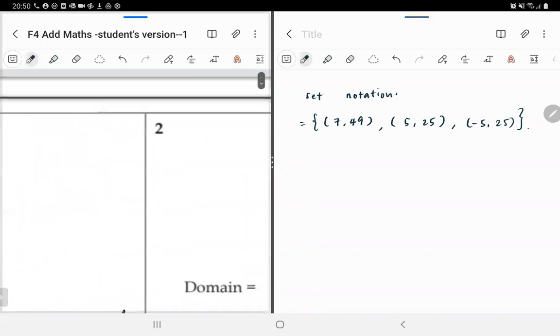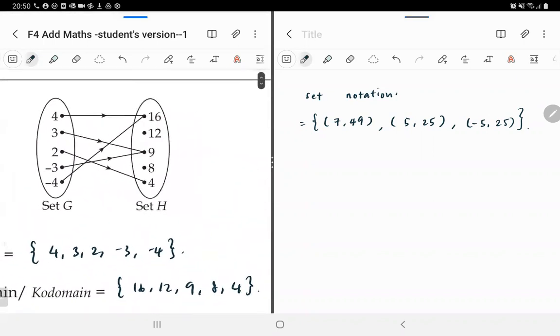Okay, try again. If we have something like this one, our set notation will be, why do I put equal? No need to put equal, because you don't have anything equal to. The second set, we have 4 to 16, 3 to 9, and so on. So our set notation will be like this: twisting bracket, normal bracket, 4, 16, close bracket, comma, another normal bracket, 3 maps to 9, right?